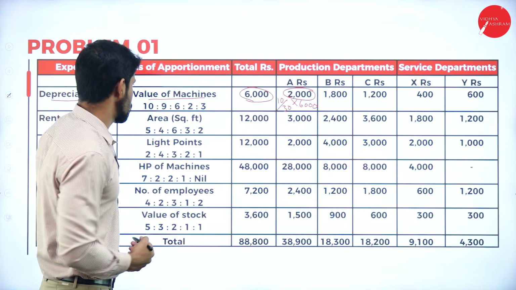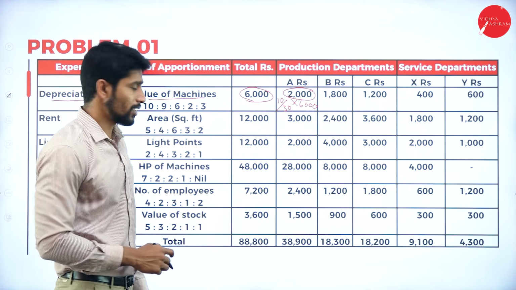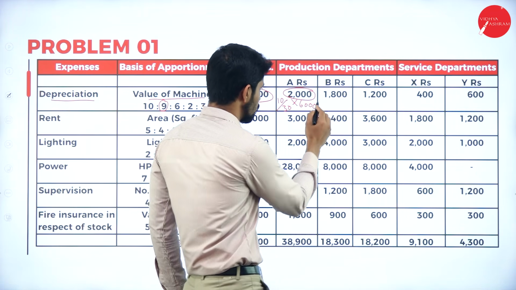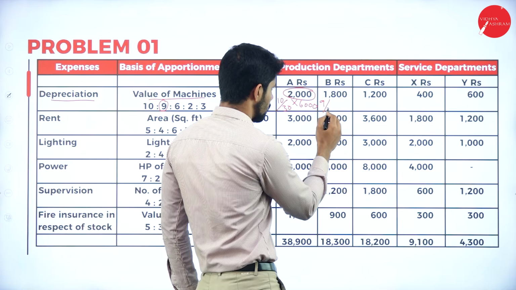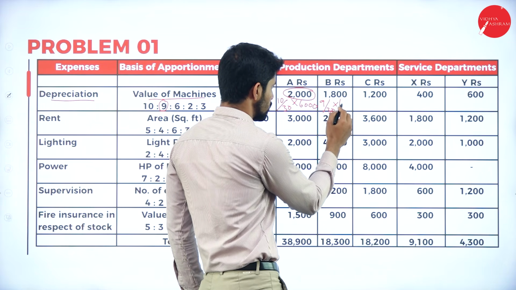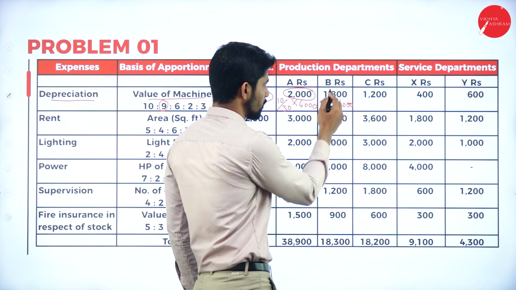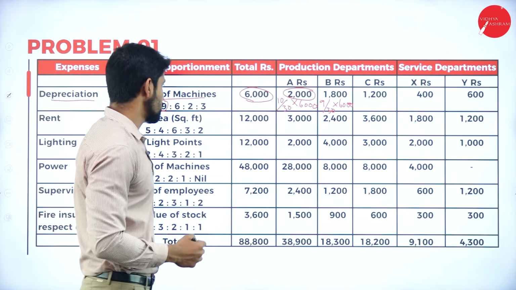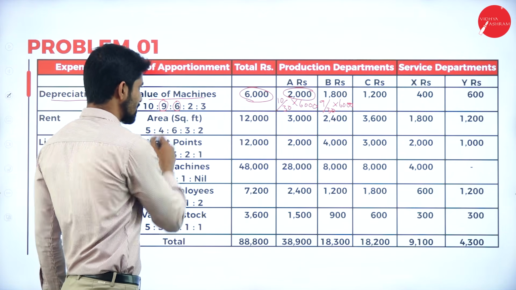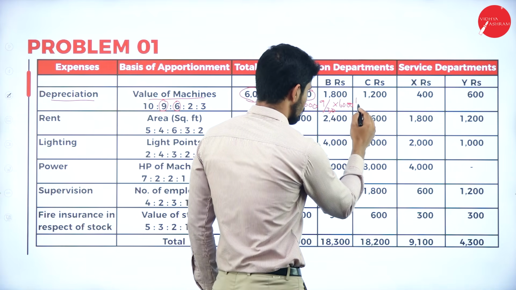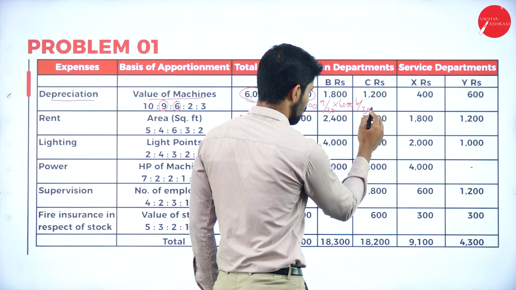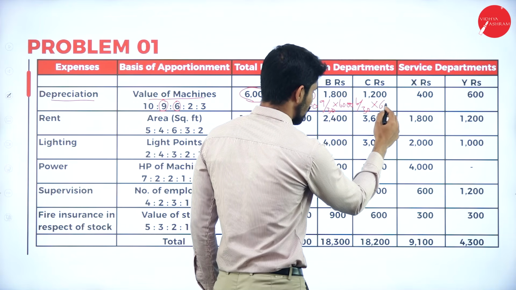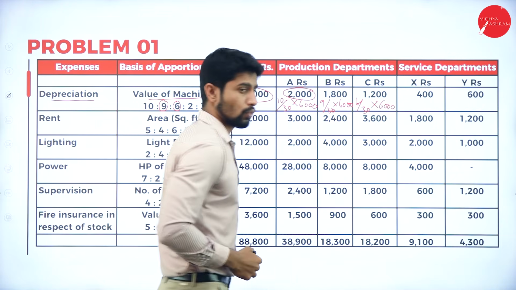Got it? Next, production department B. The ratio is 9. So 9 divided by 30 into 6,000 gives 1,800. Next, production department C. The ratio is 6. So 6 divided by 30 into 6,000 is 1,200.